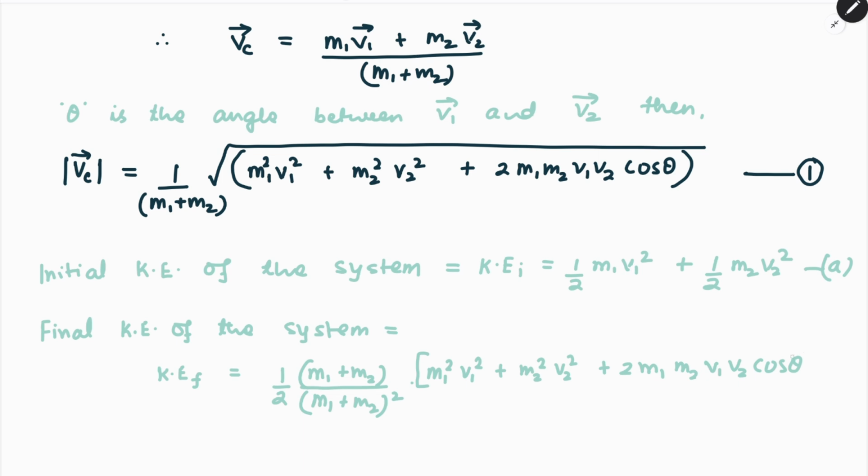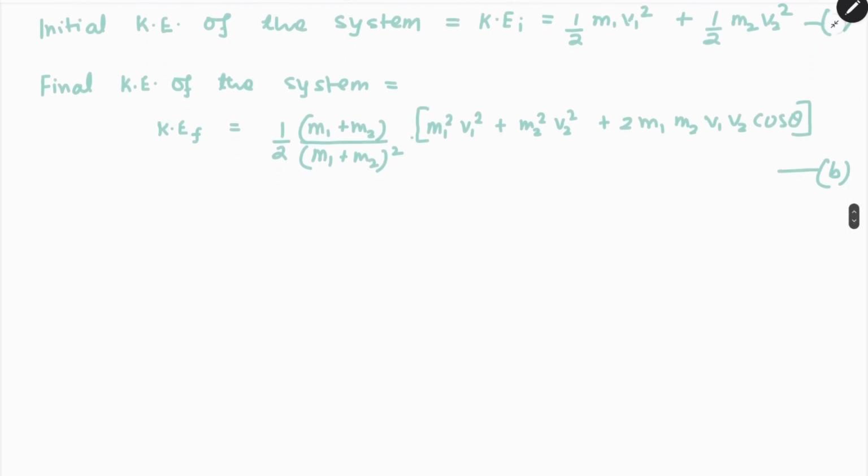So this is the expression we are left with. We have the initial kinetic energy and the final kinetic energy, and we refer to this as part B of the expression.